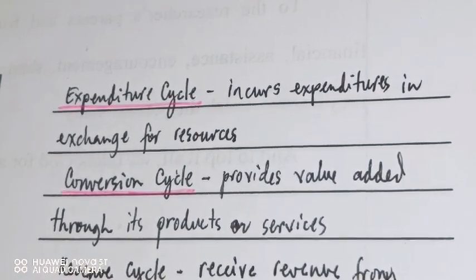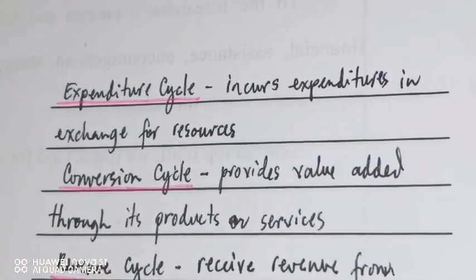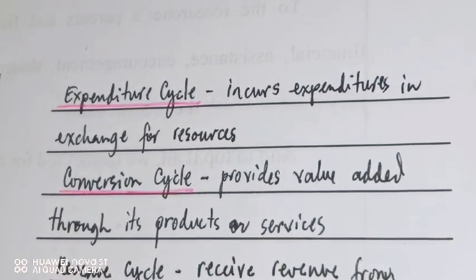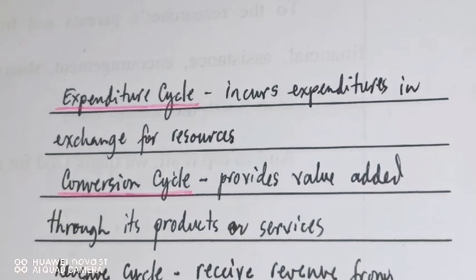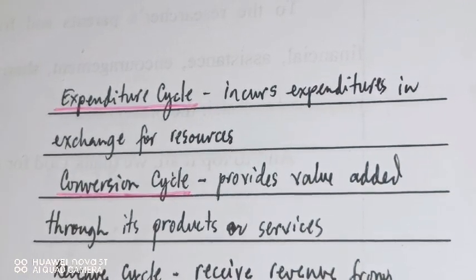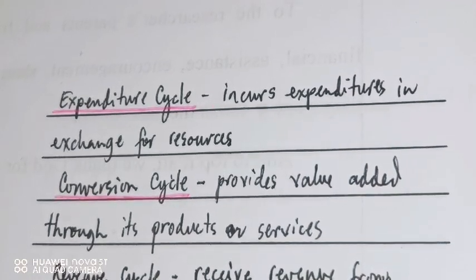These are assets, okay, and then the labor that is being used in production and operation. So, para magkaroon tayo ng resources, we have to incur expenditures. Kailangan magbitaw tayo ng resource din. So, parang you are exchanging one resource for another resource.